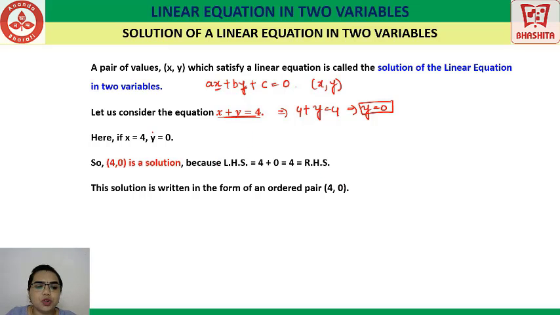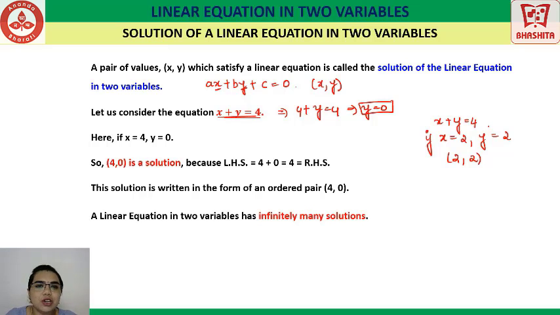Can you think of any more solutions to this particular linear equation? Here we have x plus y is equal to 4. Any more solutions? If x is equal to 2, the value of y is equal to 2. Yes, only then the LHS will be equal to the RHS. Very nice. So 2 comma 2 is another solution for this given linear equation.